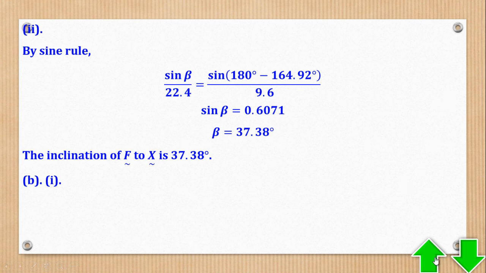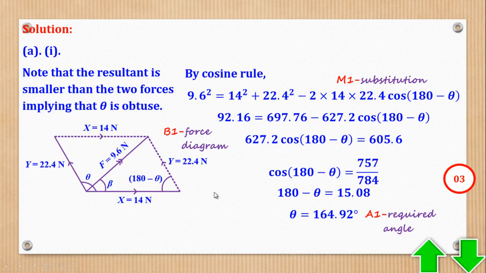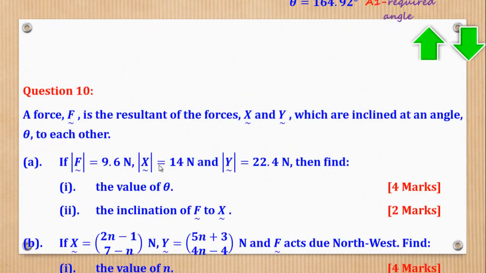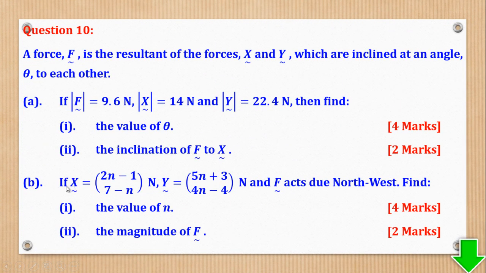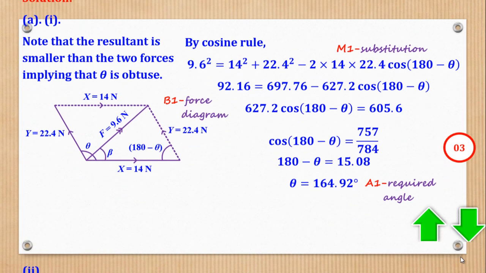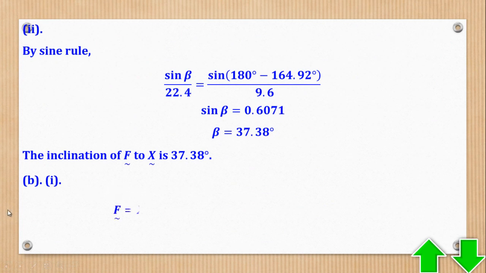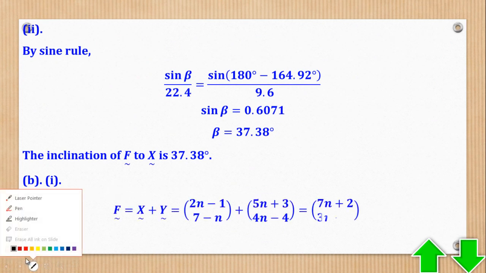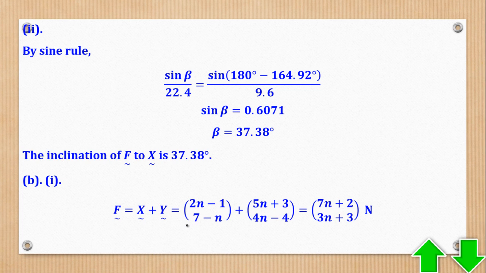Then for part B, they said if X is equal to this and Y is equal to this, and F acts due northwest, find the value of n and the magnitude of F. So remember, F was the resultant of X and Y. So when I get the resultant, I'll come up with this.